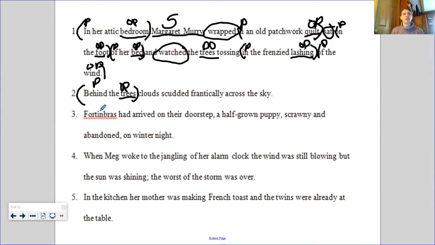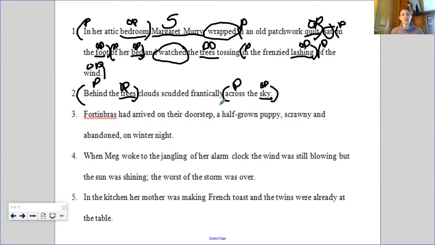The cat ran, clouds the tree, scudded the tree, frantically the tree, across the tree. So there's my P. And where's the noun that follows it? Across the sky. That's my object of the preposition, my OP, and parenthesis.